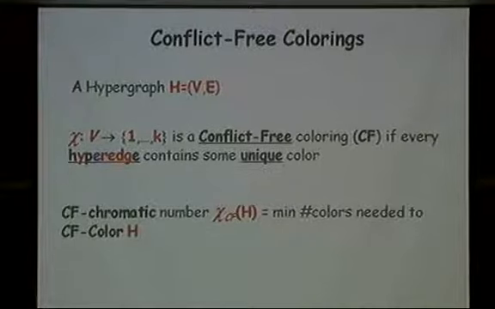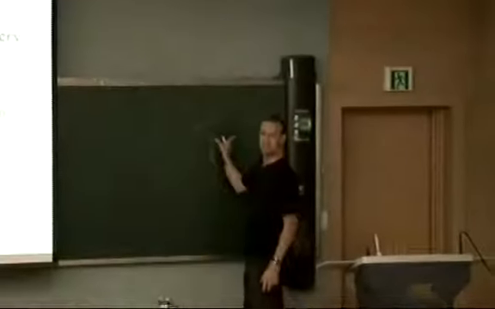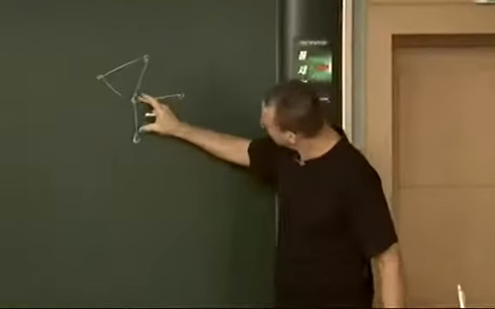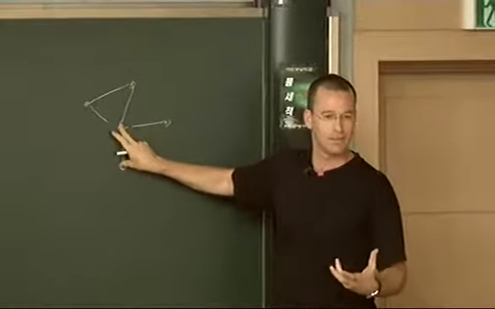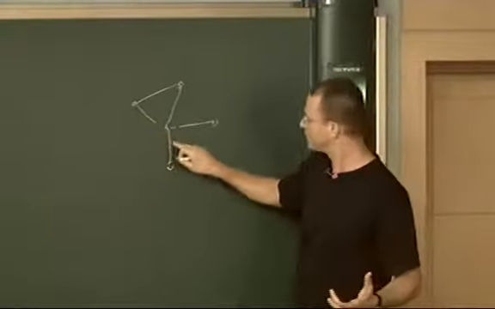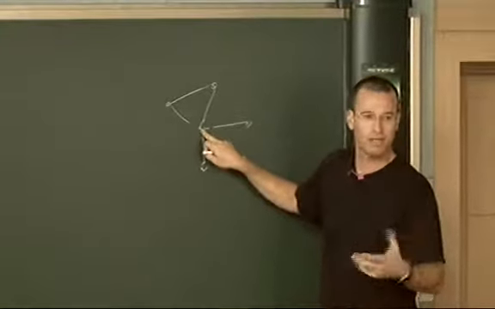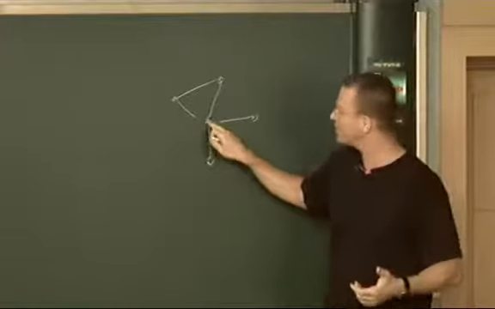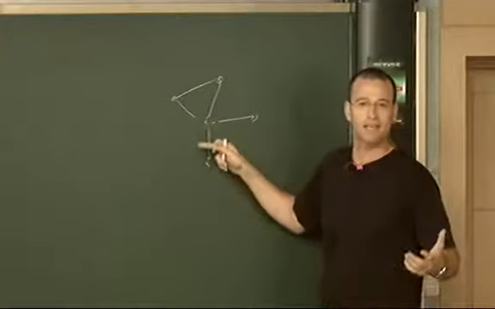The first non-trivial example should actually be what is called a 4-uniform hypergraph, because for a graph, if we have just some graph, this is the set of vertices, and those are the pairs. This is a subset of size 2, a subset of size 2, and so on. If you color it in such a way that every edge has one uniquely colored vertex, so one color that is distinct from all the other colors, and there's only one more vertex, it means that those two vertices must have distinct colors.